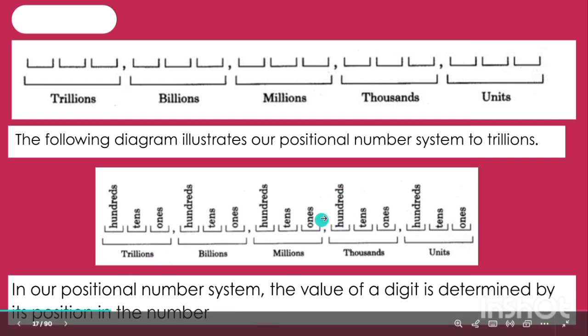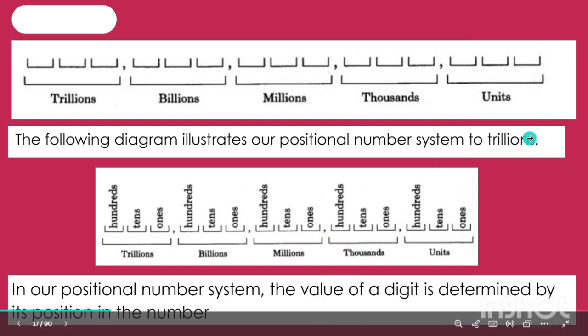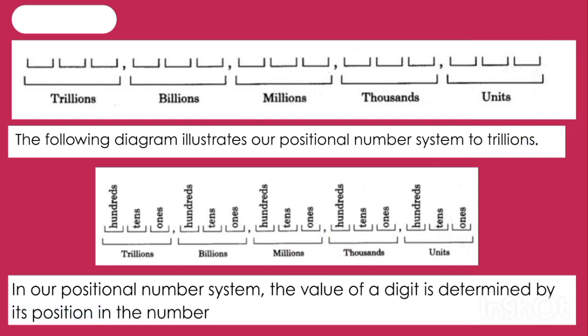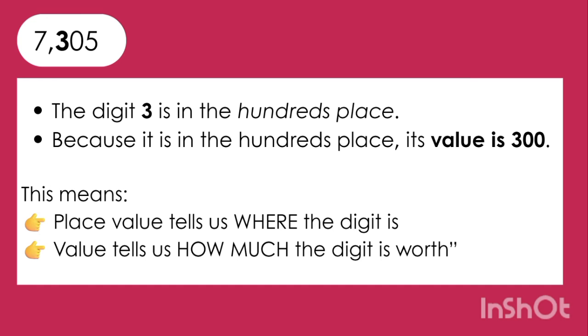In our positional number system, the value of a digit is determined by its position in the number. Like 7,305: the 3 is placed in the hundreds place. Let's count: ones, tens, hundreds. So 3 is in the hundreds place, and since it is in the hundreds place, its value is 300.